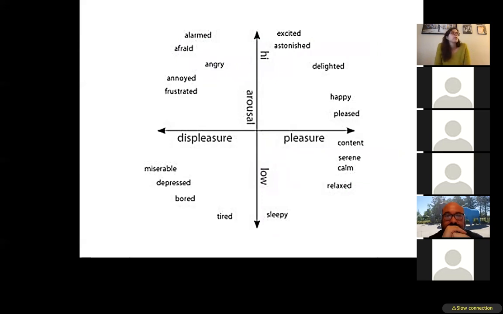And the idea is that we can experience a range of emotions that vary on whether they're high or low arousal, or somewhere in between, somewhere on that spectrum. And then whether it's more about displeasure or pleasure, or somewhere on that spectrum too. And you can put different kinds of emotions anywhere on this spectrum.